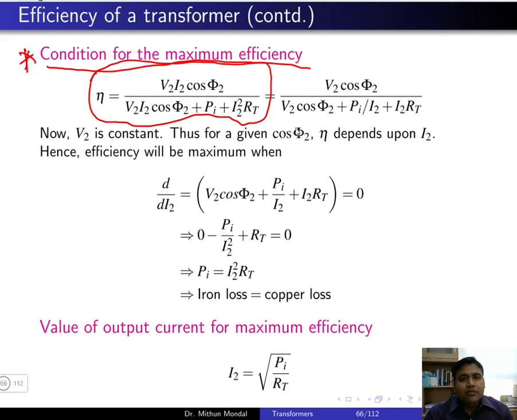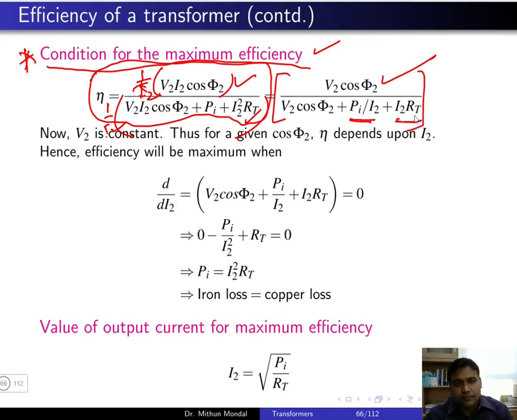To find the maximum efficiency condition, in the numerator and the denominator we divide the equation by I2, that is the current in the secondary winding. Then the numerator will be free from I2, and in the denominator the iron loss will be divided by I2 and the square term will vanish in the copper loss.